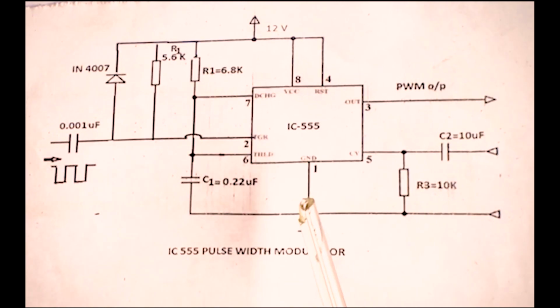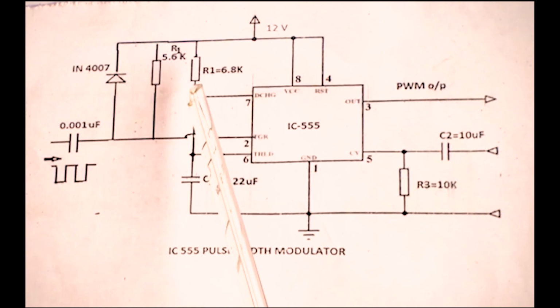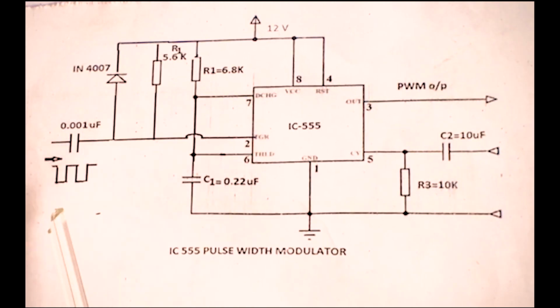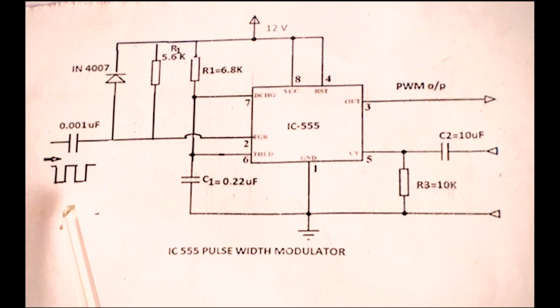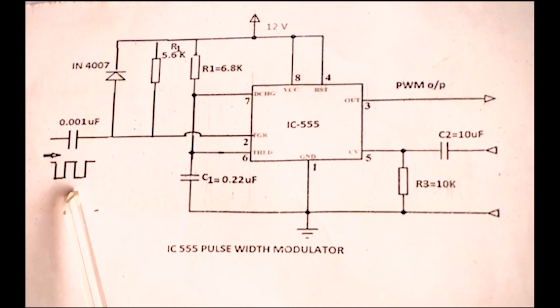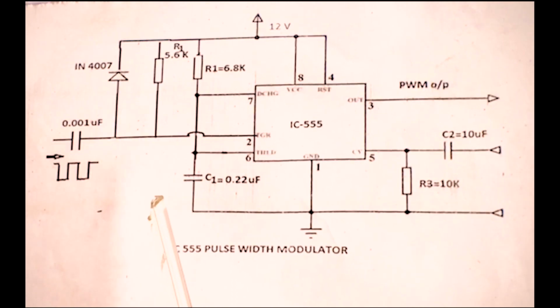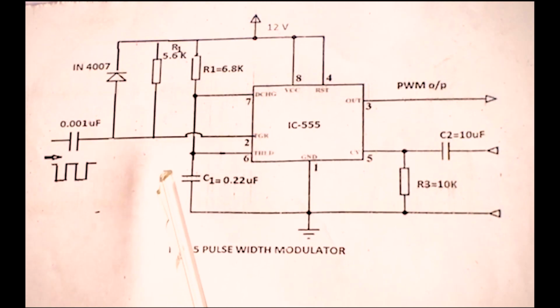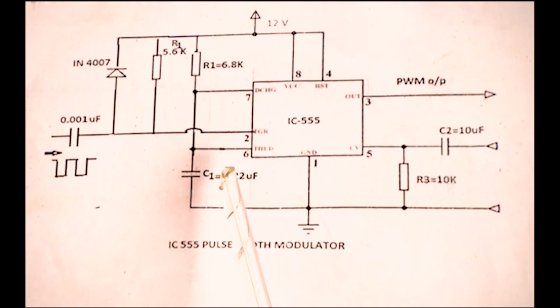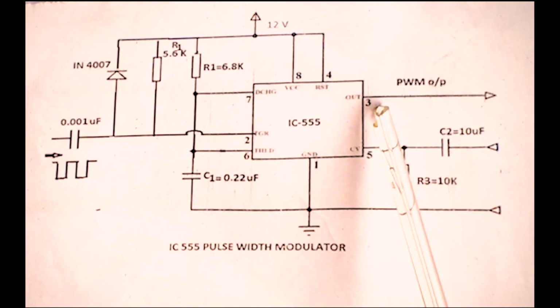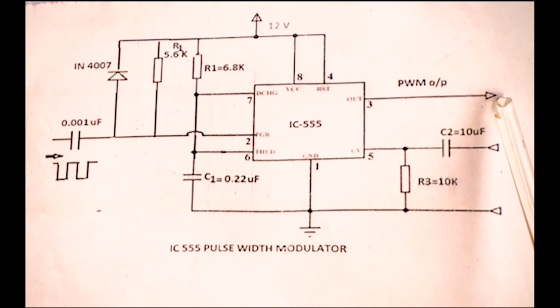It has mainly two parts. We have got a differentiator circuit. The input to the differentiator circuit is a 1 kHz square wave, and it produces high voltage negative trigger pulses, and at pin number 3 you are getting pulsed output.